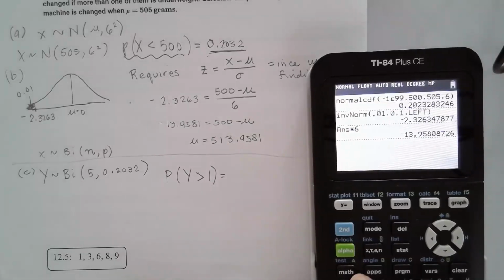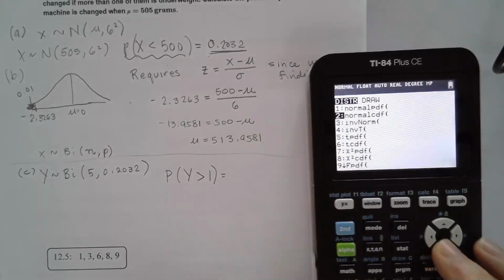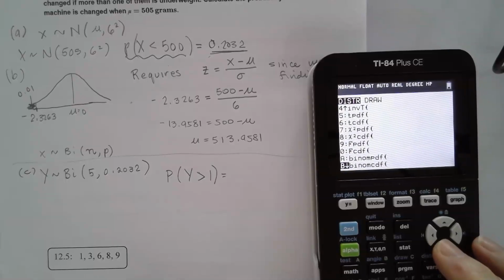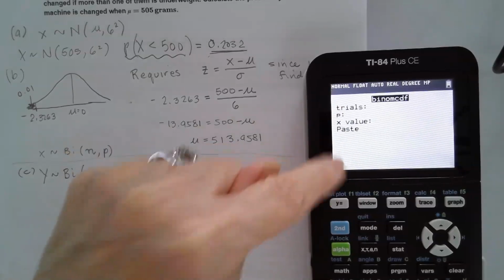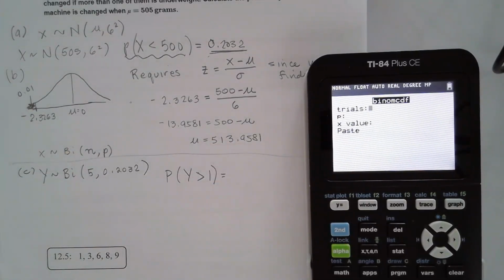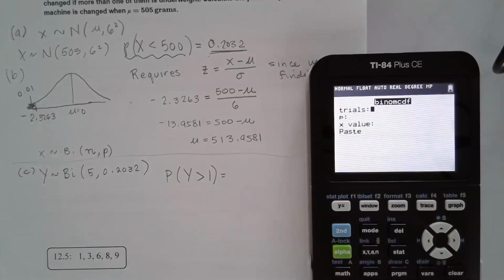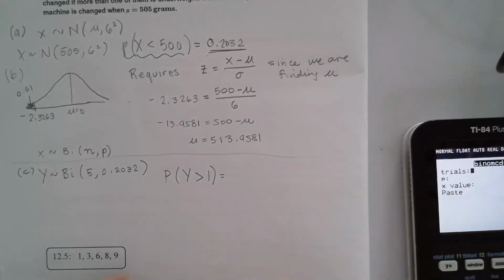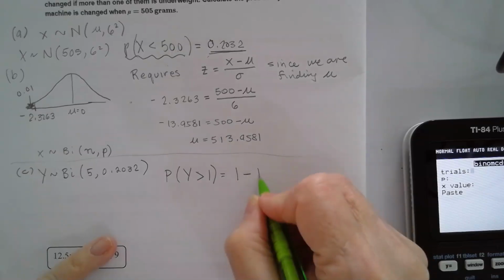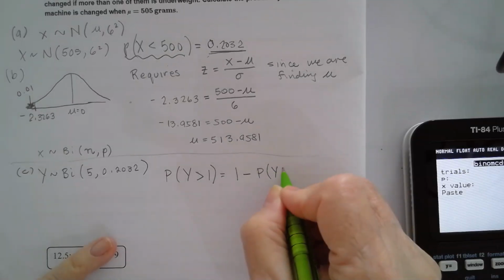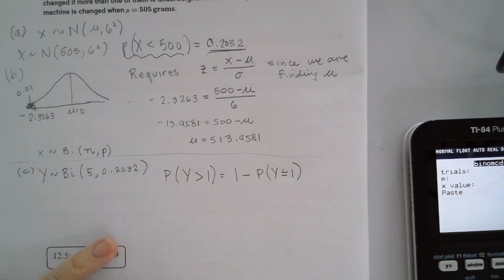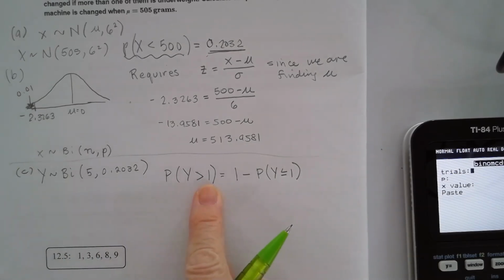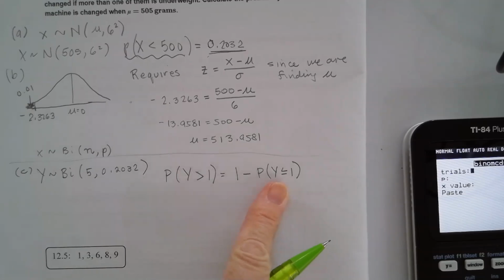When you do binomial, this binom CDF, it doesn't have an upper value and a lower value. It only gives you the lower. Okay, so this is really 1 minus the probability that y is less than or equal to 1. Is that okay? Because this is greater than 1, so it's 2, 3, 4, 5, and this is 1 or 0.